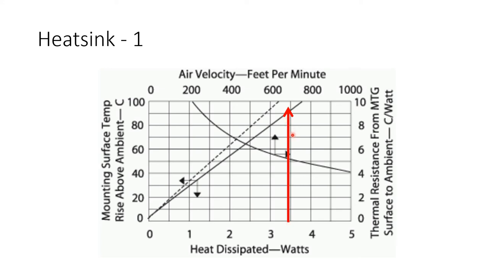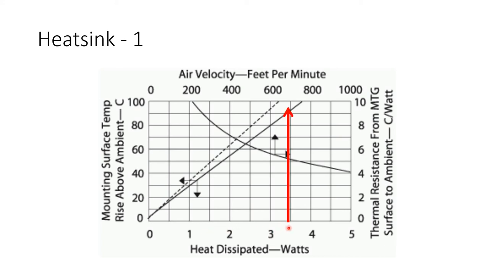Before I move on, maybe I should remind you about these arrows. These arrows show which lines use which axis. For example, this line uses this axis and this y-axis, and this line uses this y-axis and this x-axis as their axes. So we can move on to the power dissipation part.